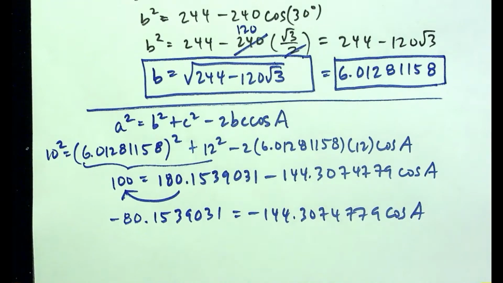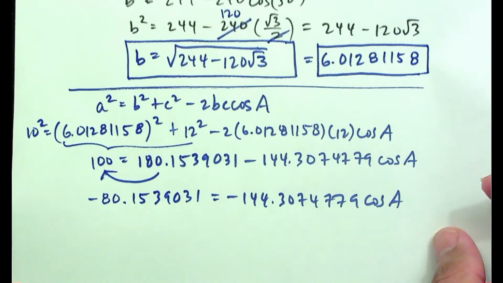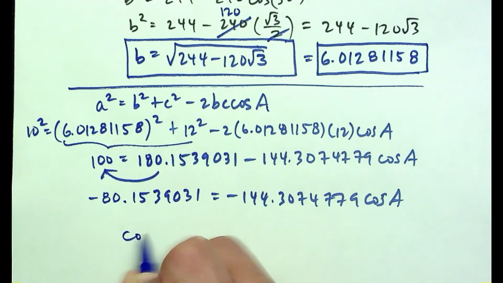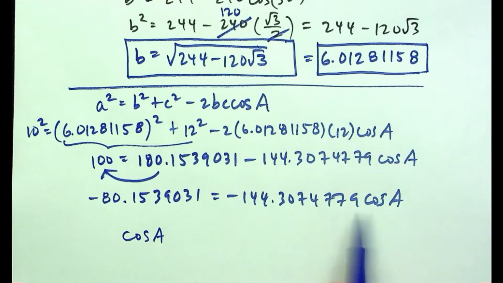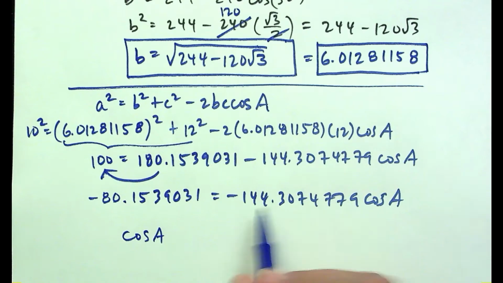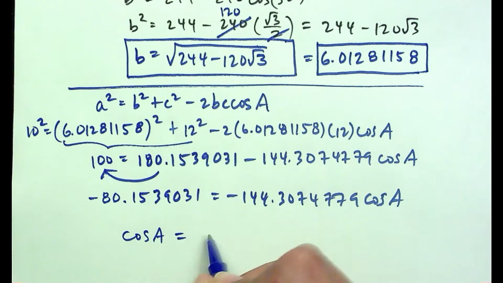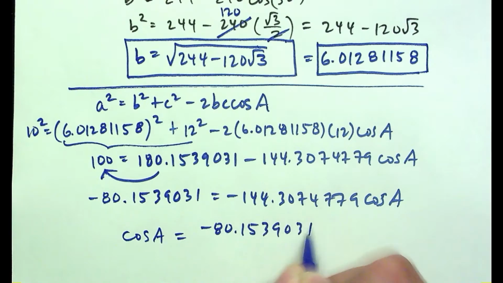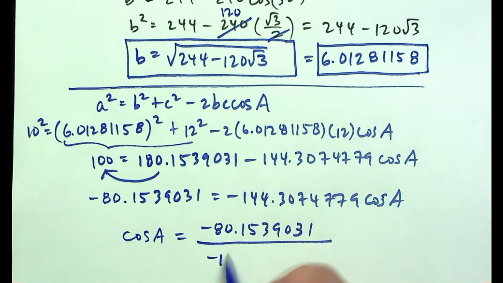You see, the law of sines would probably have been a little quicker than writing all these, but let's keep going. Now finally divide both sides by this, and that goes away from here. You end up with negative 80.1539031 all divided by negative 144.3074779.